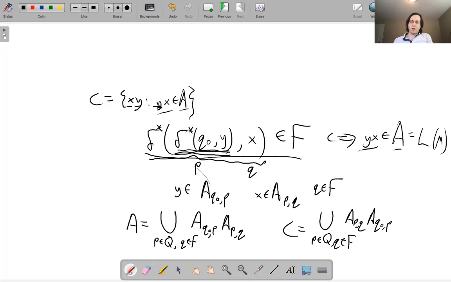So this is the language C. Now notice that the union is only over finitely many things. There's finitely many P's in Q and finitely many Q's in F, so there's finitely many such pairs. So there's a finite union, and concatenation of a pair of regular languages is regular. So each concatenation here is regular. The finite union of regular languages is regular. Therefore, C is regular. So this is a proof that C is regular.